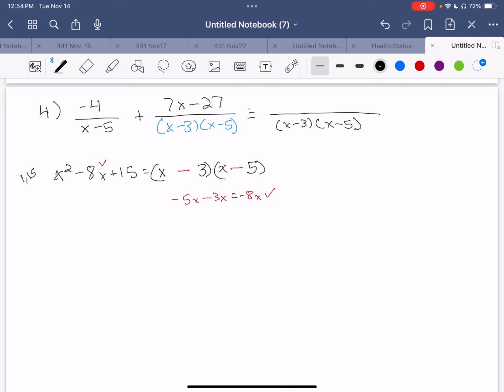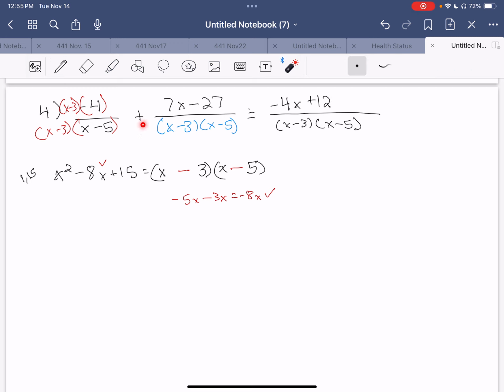So I need to multiply this first. 1 times x minus 3. And the second one I don't need to multiply by. What do I get then? Negative 4 times x and negative 4 times negative 3. So I get negative 4x, positive 12.